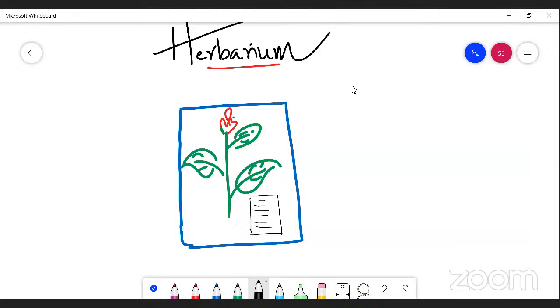Herbarium is not only a collection of pressed plant specimens mounted on a specific sheet, but also a place where these dried specimens are prepared and maintained for future studies or research work. So there are two definitions for herbarium.